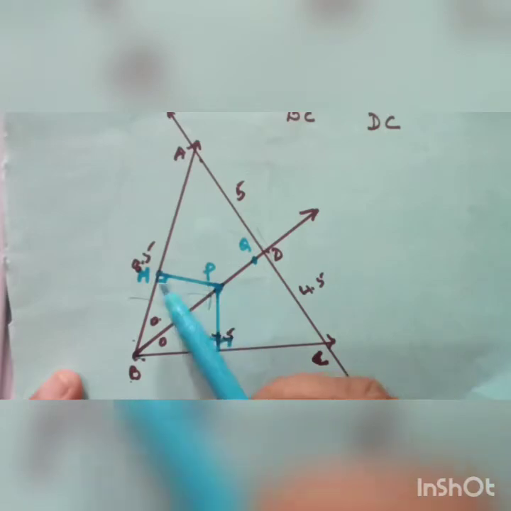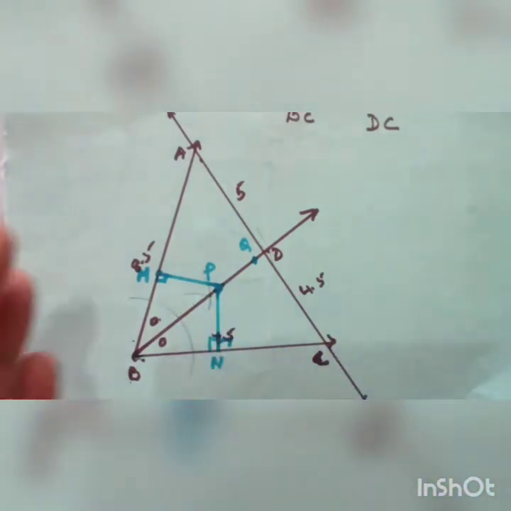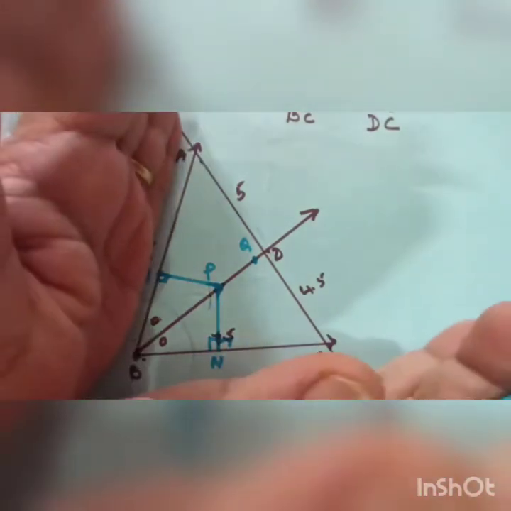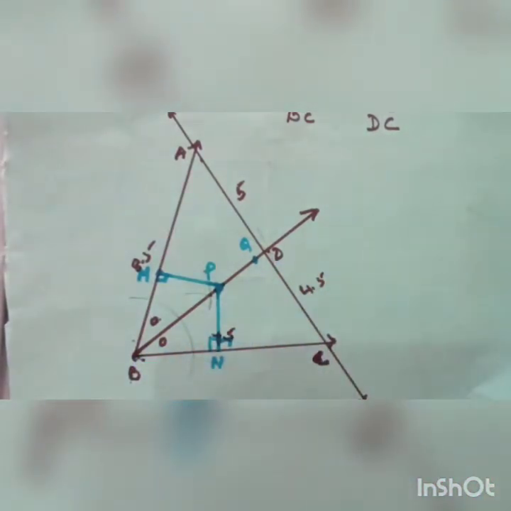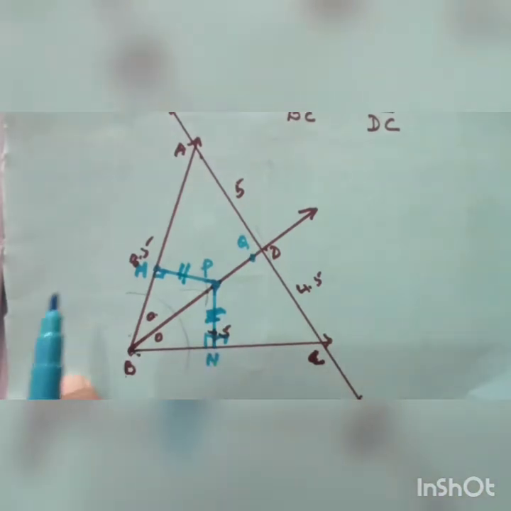The distance is PM. That means both these two sides are equally away from the angle bisector. They are equidistant. Equidistant means equally away. So PM is equal to PN. So now if we look at this figure, BAC, AD is the angle bisector, and P is any point on the bisector.